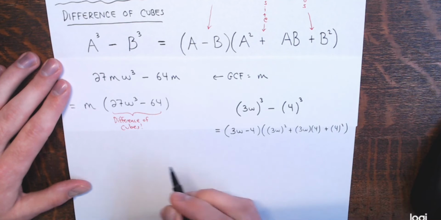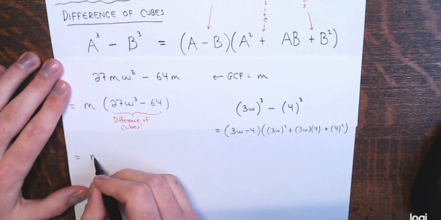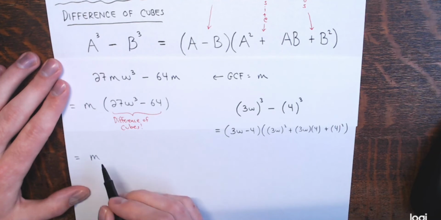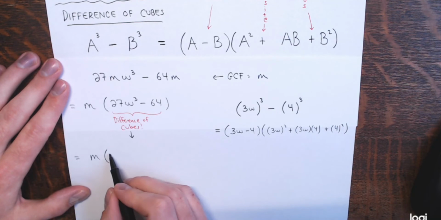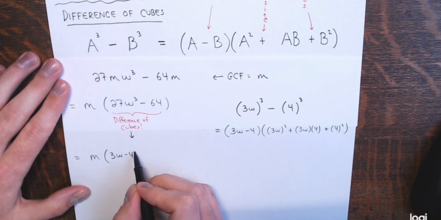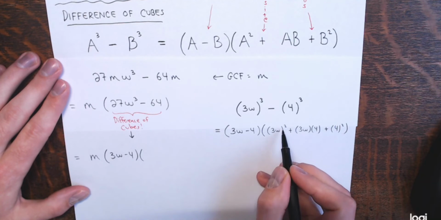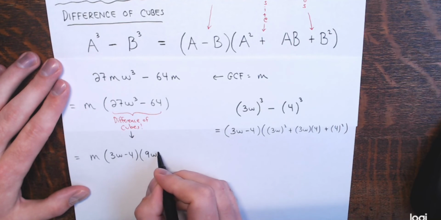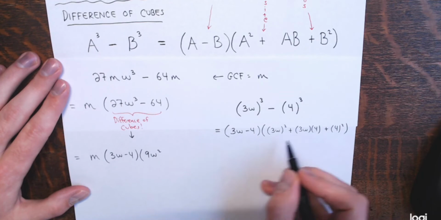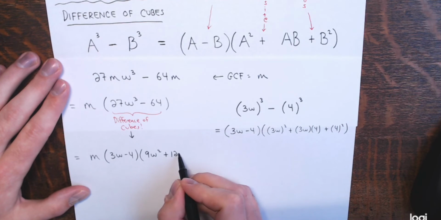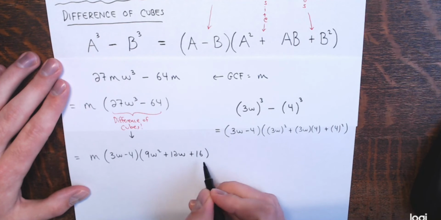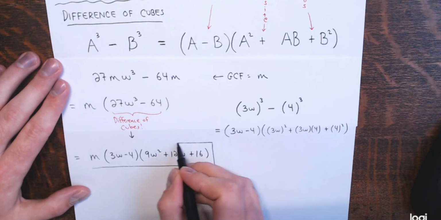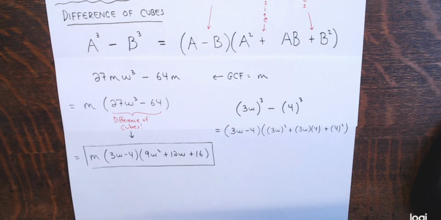All right, so I have m, the GCF that I pulled out, times this difference of cubes factored like this: 3w minus 4 times, 3w to the second power is 9w squared, plus 3w times 4 is 12w, and then plus 4 squared is 16, plus 16, and there we go. This is as factored as that polynomial is going to get.